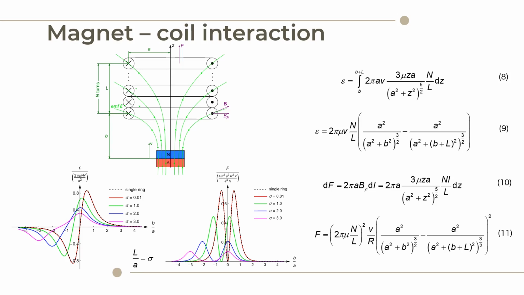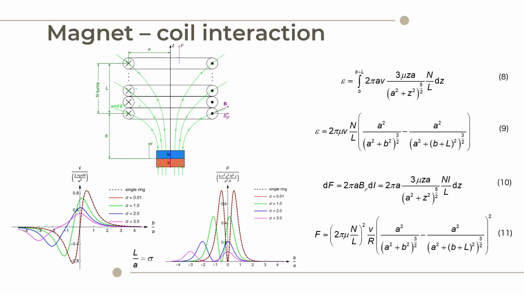Regardless of the value of the sigma parameter, the values of the induced electromotive force and magnetic interaction force are zero when the moving magnet is exactly in the center of the coil. In turn, the highest values are observed when the magnet passes near the beginning and the end of the coil.